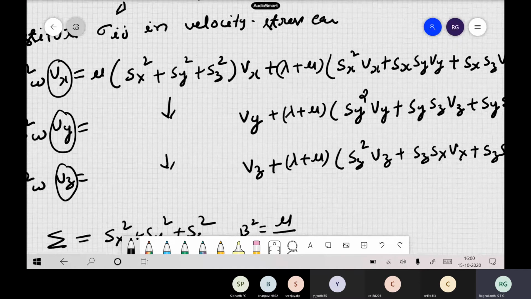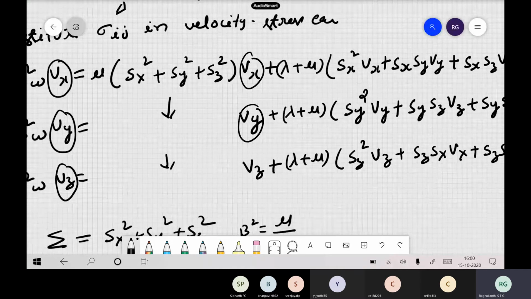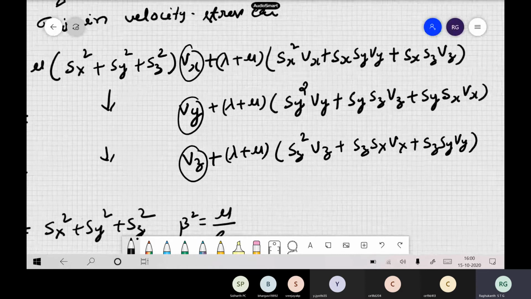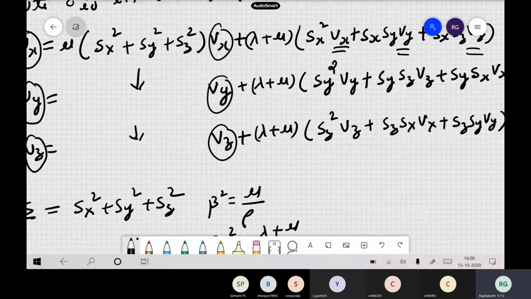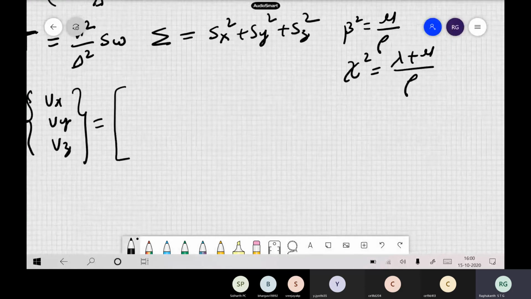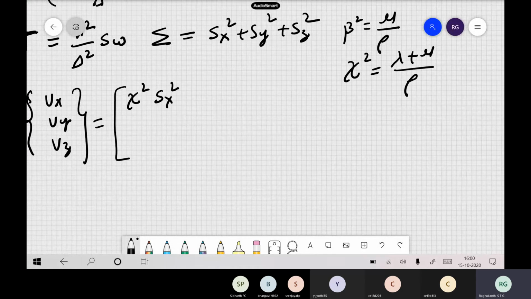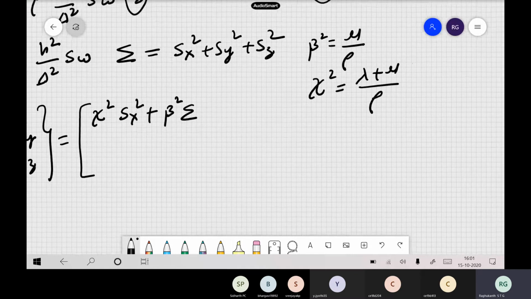Right hand side also we have velocity. So we have eliminated the stresses from our calculations. Okay, so after eliminating the stresses, everything is in terms of velocities only. So now if you write this in a nice matrix format, say, psi square sx square plus beta square sigma. Okay, so I will just write this one.